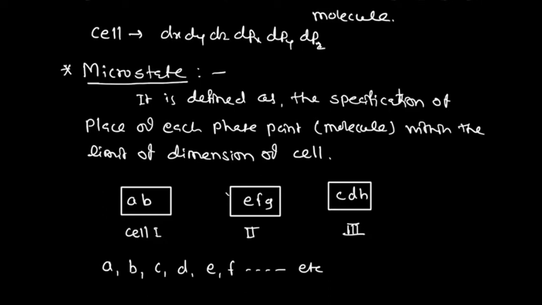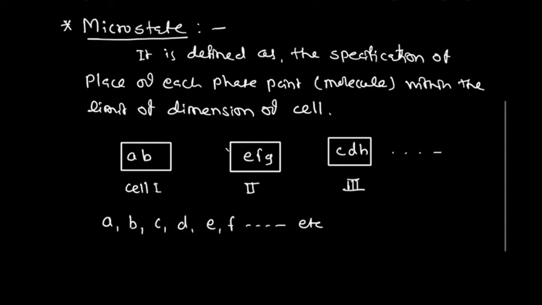Similarly, cell 2 specifies 3 molecules or phase points E, F, G. Similarly, the third one C, D, H, and so on. Such a specification of the place of each phase point in a particular cell within the dimension of that cell is called a microstate.